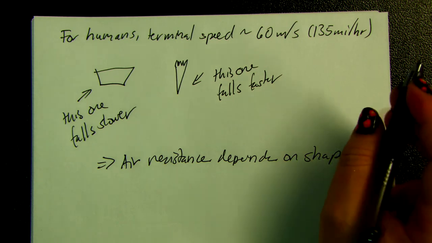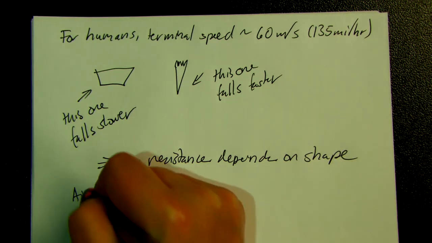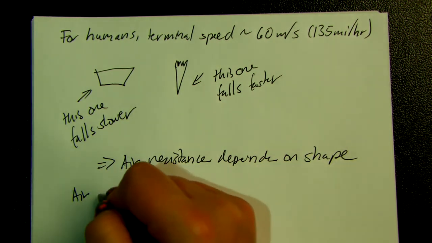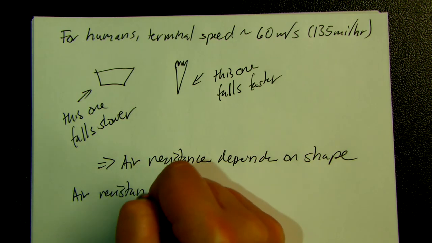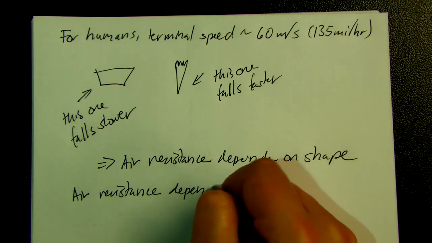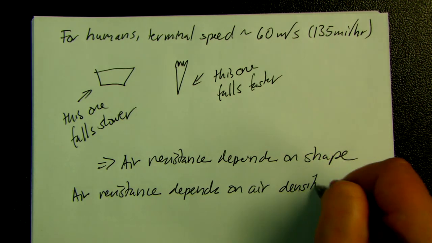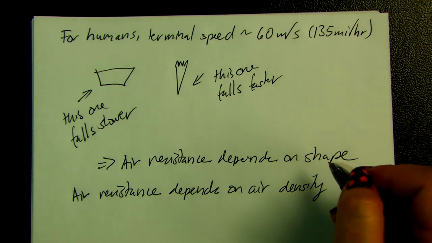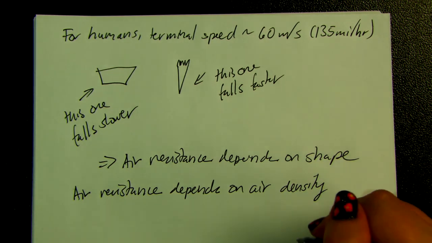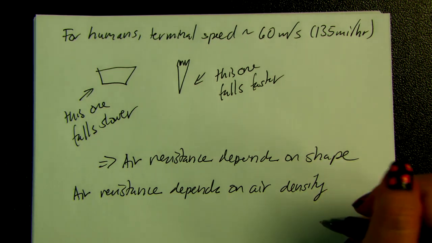All right, so air resistance also depends on something else. So air resistance depends on air density. So if you're up in the mountains, there is thinner air than if you're at sea level, where there is thicker air, which makes sense.